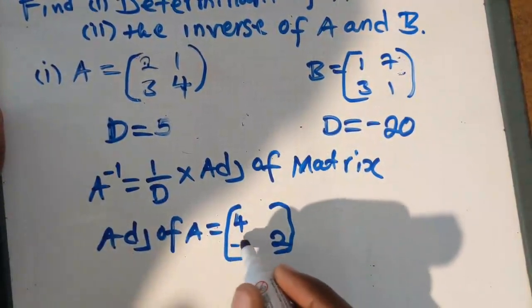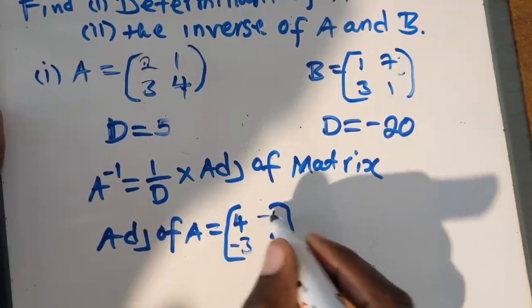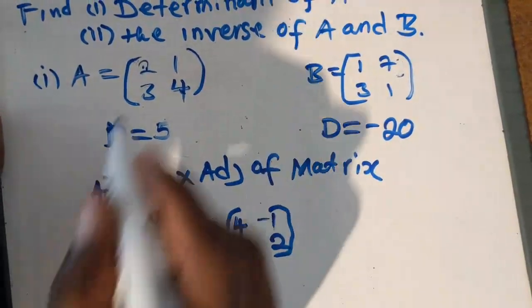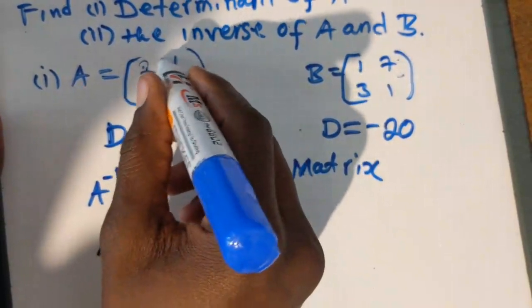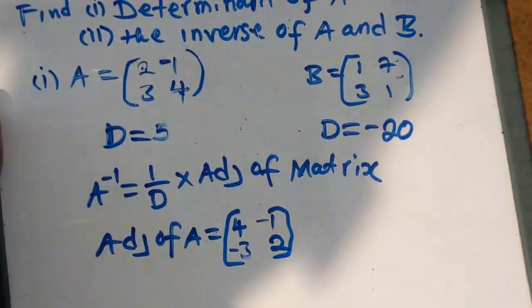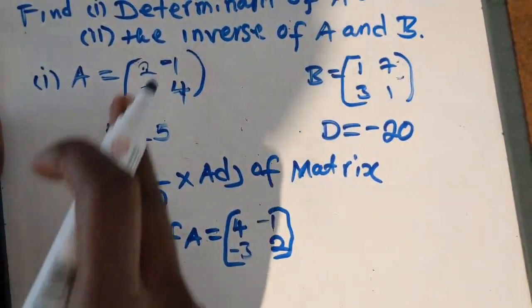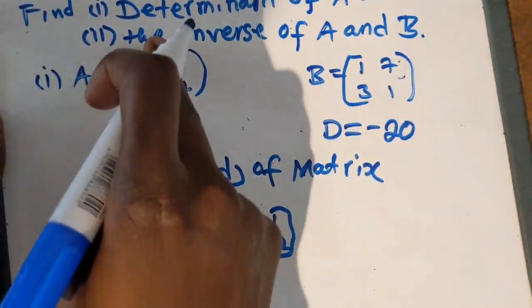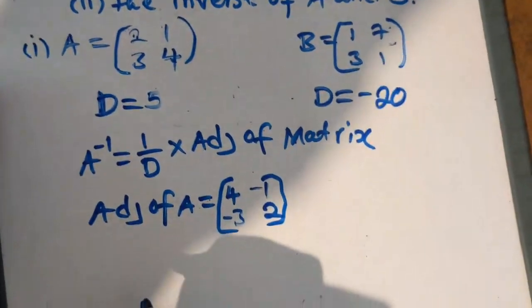So it will be negative 3 and negative 1. If this was negative 1, then it would be positive 1, but it is positive. Then this is its adjoint.